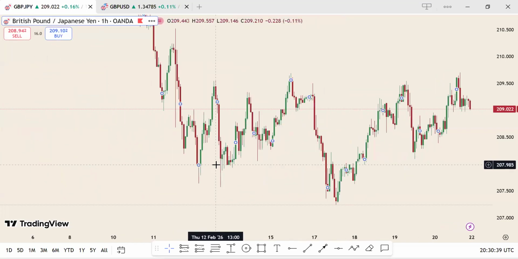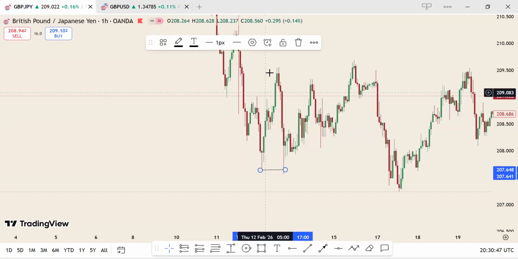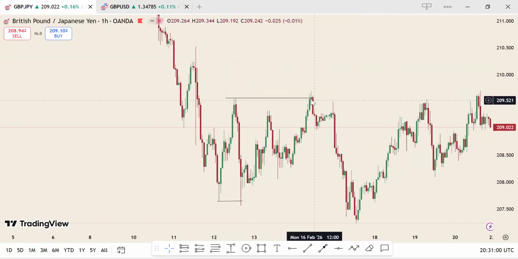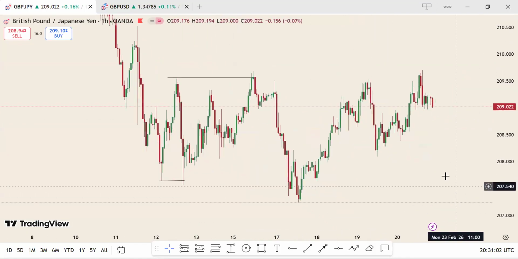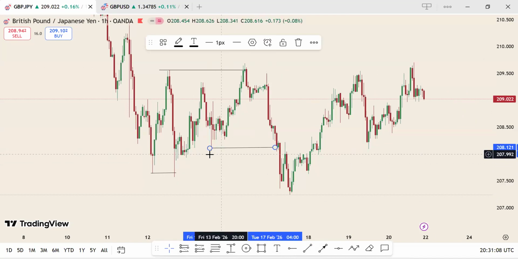Obviously here you can see that there is a sweep, and on 1 hour there is a break of structure, just a minor break of structure. And to a good extent, very good liquidity before the break of structure.